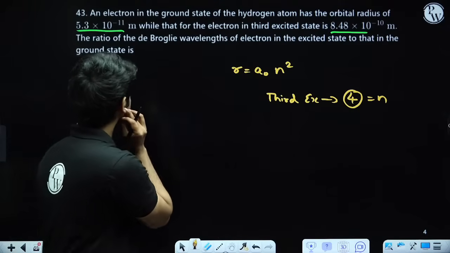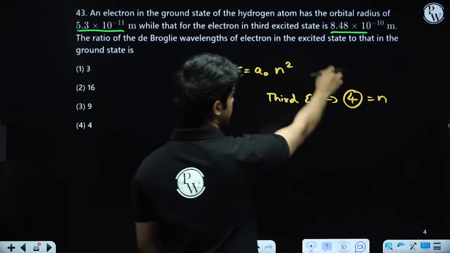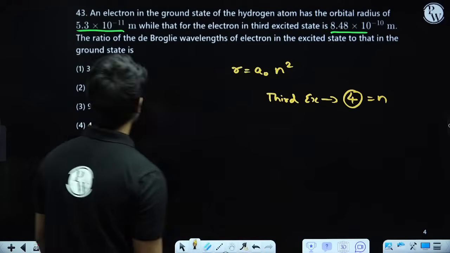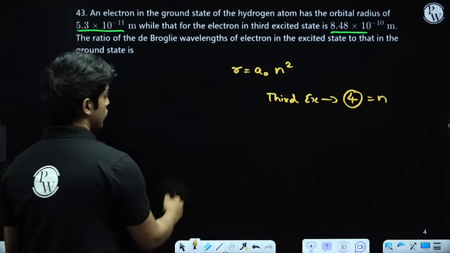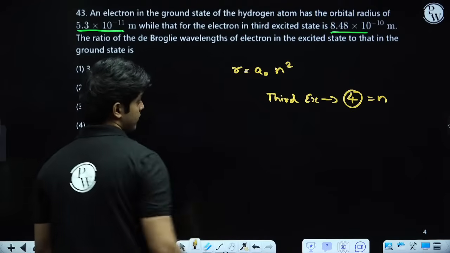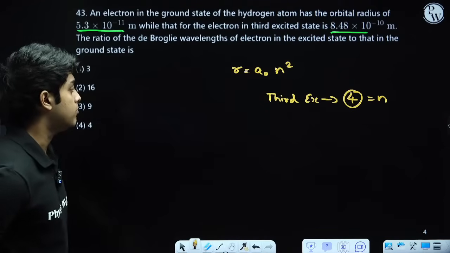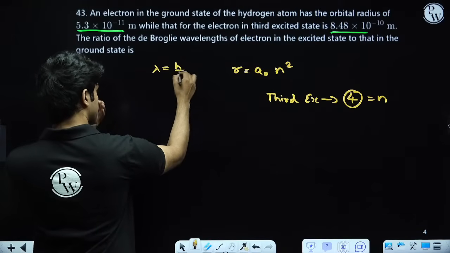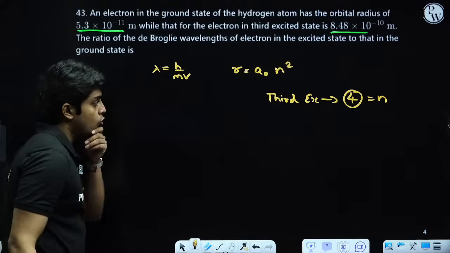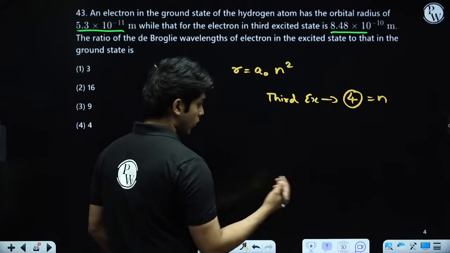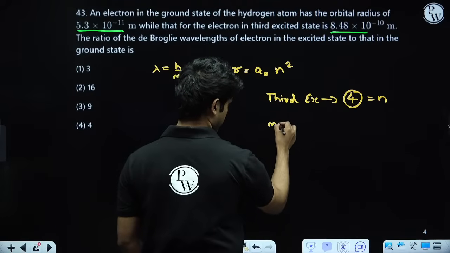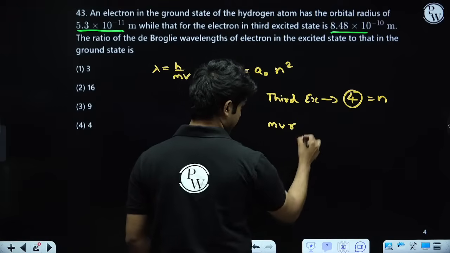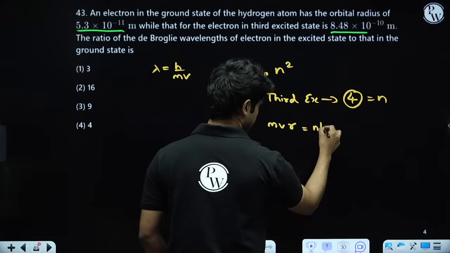The ratio of the de Broglie wavelength of the electron in the excited state to that in the ground state. So for de Broglie wavelength, we need the momentum mv, right? Lambda is h over mv. So for momentum, we can use the Bohr angular momentum quantization rule, which is mvr equals nh divided by 2 pi.